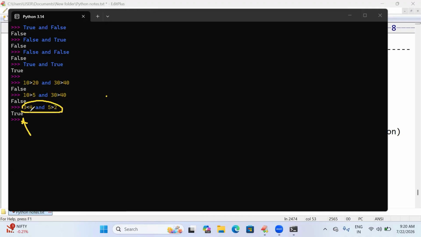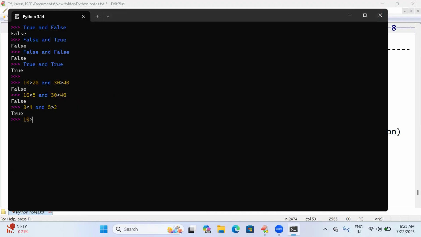When the first relational expression is true, PVM will evaluate the next subsequent relational expression. The next one is also true. Then it searches whether another one is there or not. Another relational expression is not there, so it has totally evaluated, right? That is the reason we call this evaluation full length evaluation.